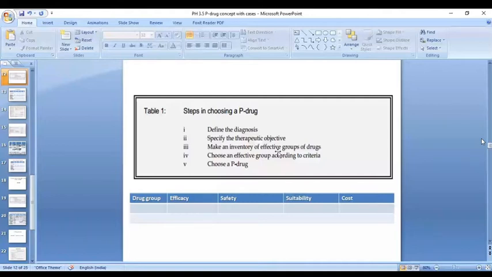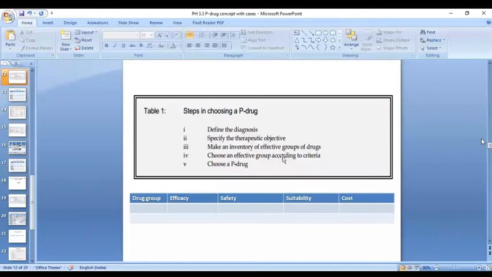There could be different drug groups, and for each group we have to identify how efficacious it is, how safe it is relative to the others, how suitable it is for different patients, and what the various costs involved with this kind of therapy are, right? So we have to choose an effective P group for this particular patient.